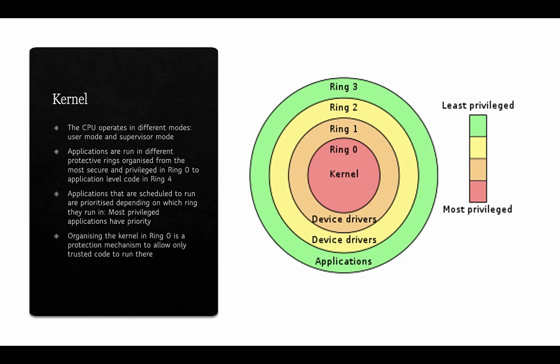So the way that this operates is that applications that need to communicate with the operating system need to request the privilege to be able to do that, and then the kernel will operate and do actions on the applications' behalf and then return the result to them.